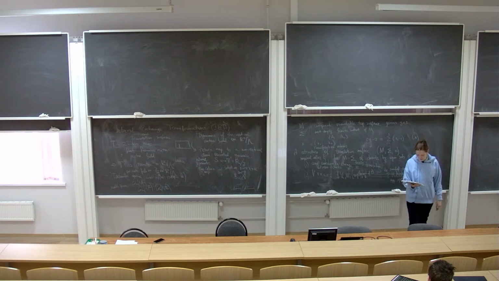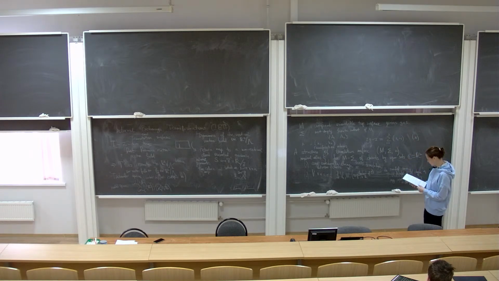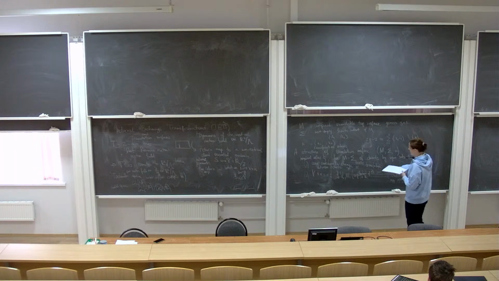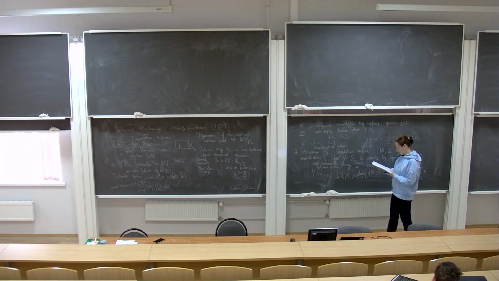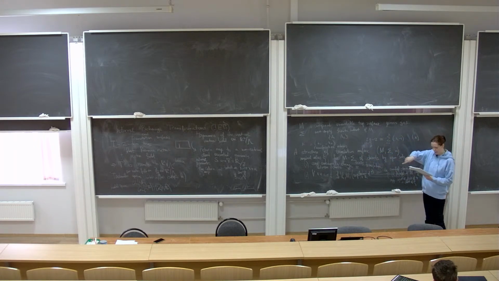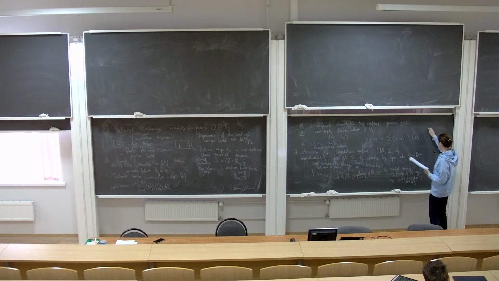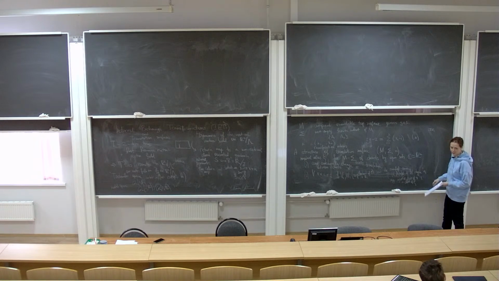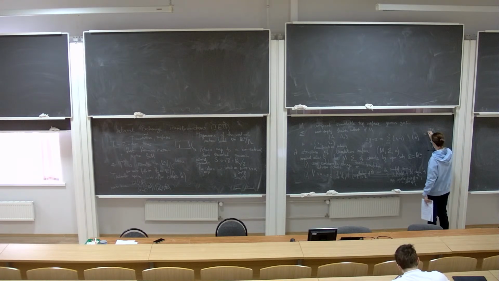So the metric exhibits a true singularity at each a_i. And there the total angle around a_i will be equal to 2 pi k_i, right?